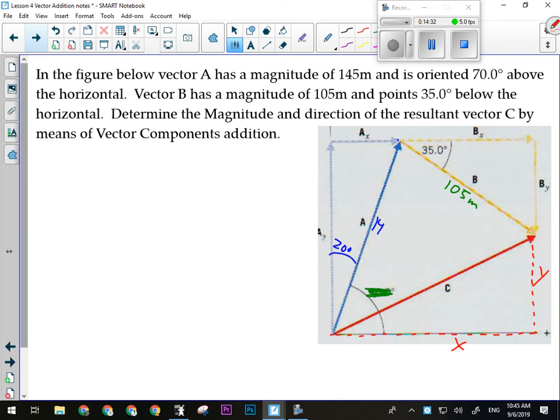If I take blue x and green x from this other line here, they're going to add up to red x. So I need to find those two lines. If I can find those two lines, I'll know the horizontal side of the resultant's triangle. So that's one of the things I'm going to have to do. And the same would be true for the vertical parts.